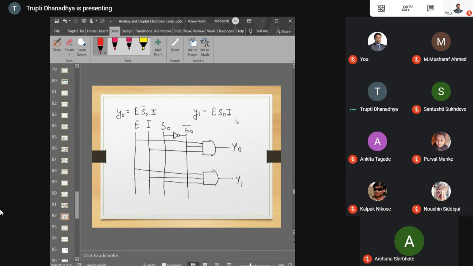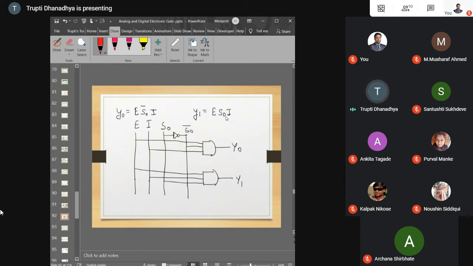Then how do we draw the multiplexer or demultiplexer by using the basic gates? You have the two equations, Y0 and Y1.